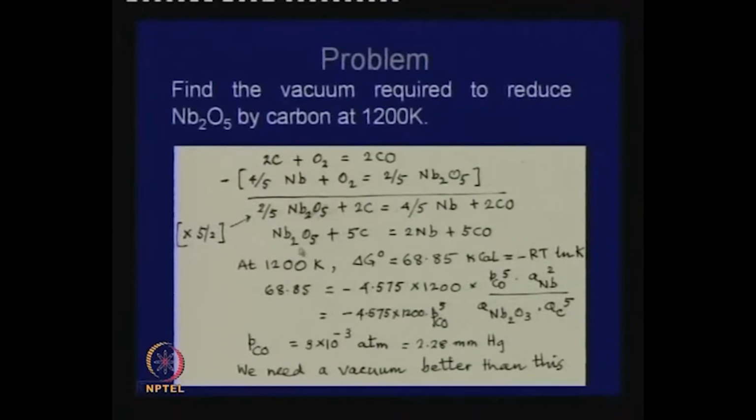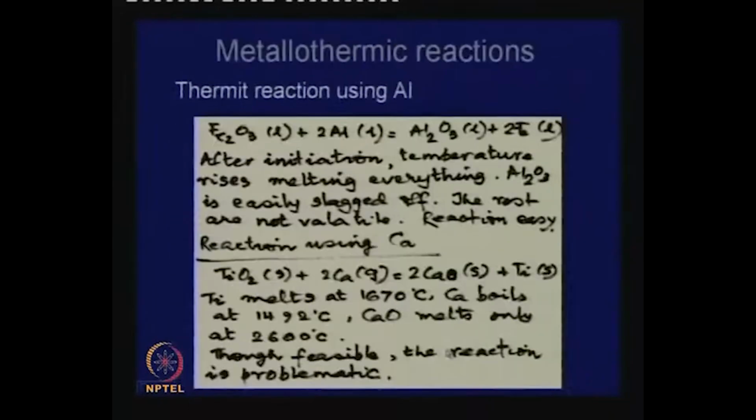See, normally for reduction of this, the free energy change is positive, but if we can remove this CO, by application of a vacuum, then we find that the equilibrium partial pressure is this. So, below that pressure of PCO, the reaction can be made possible.